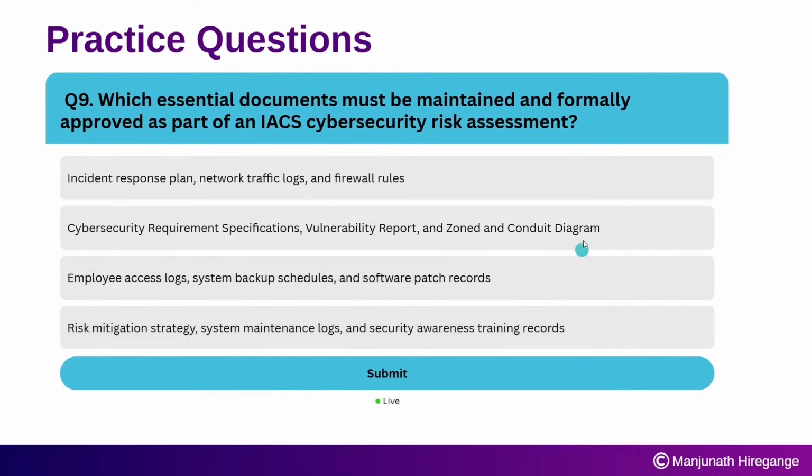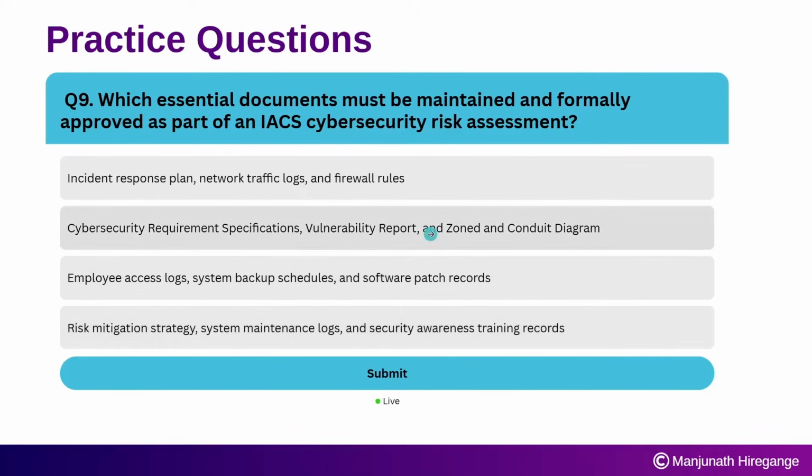I am reading it fast, but anyway, it is visible to you. Please have a look, and if you want to read it slowly, just use the speed setting in YouTube and go at your own pace, right?